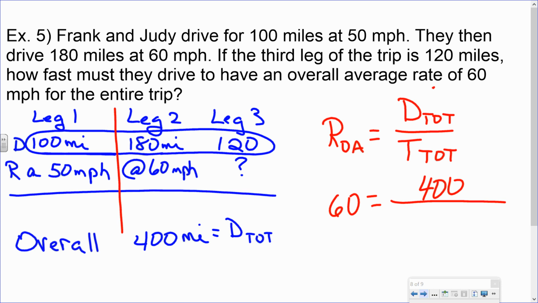Can anybody tell me how long the first leg took? Grace? So if we take the distance divided by the rate, we were driving for 2 hours for that leg. What about the second leg? Anna? It's going to be 3 hours, 180 over 60. And we don't know what that third time is going to be.